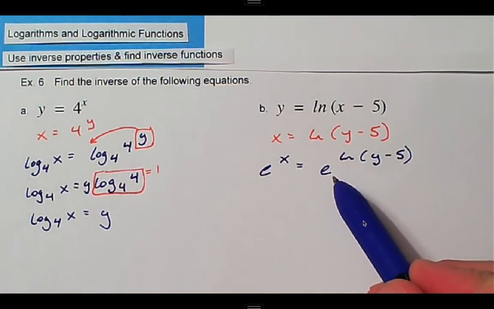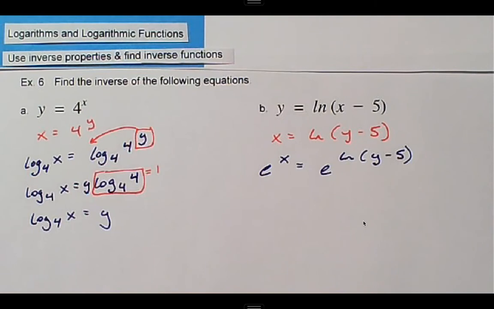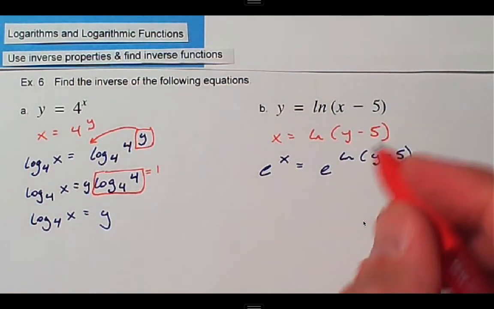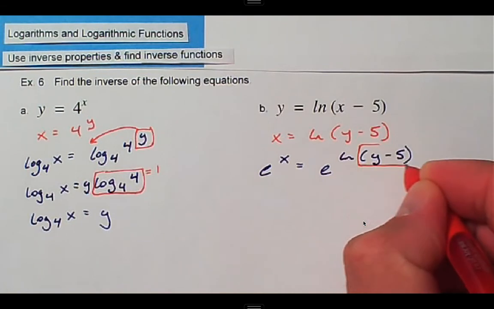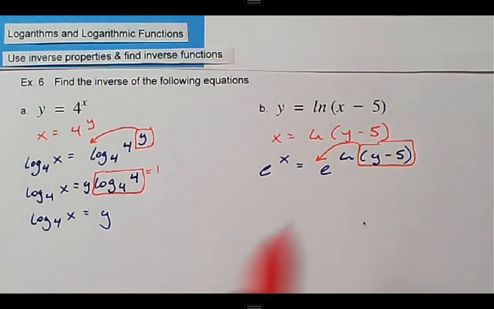We picked e specifically because e is the base of the natural log. So that helps us out with our power rules, because now we can take the exponent up here, which is y minus 5, and we can move that out in front of the e.